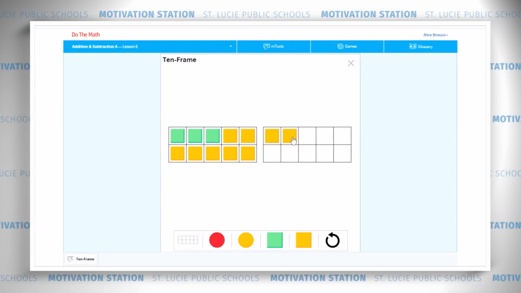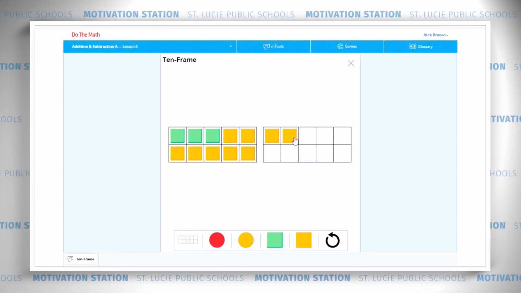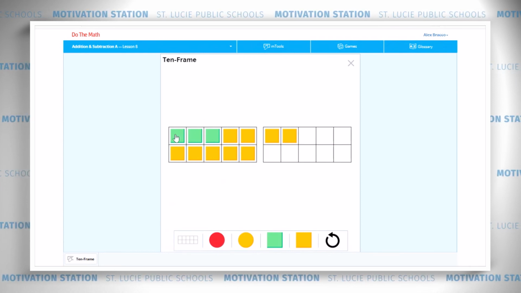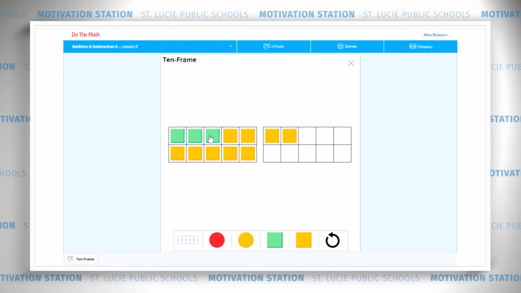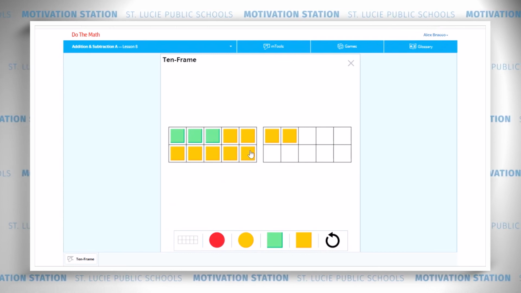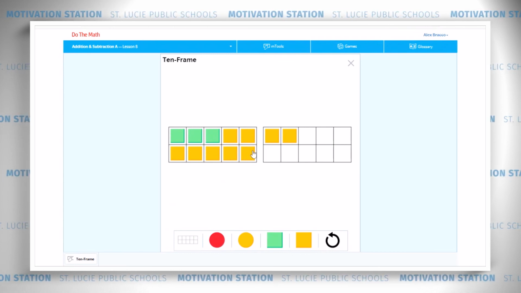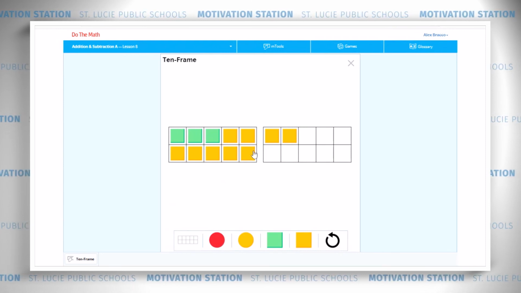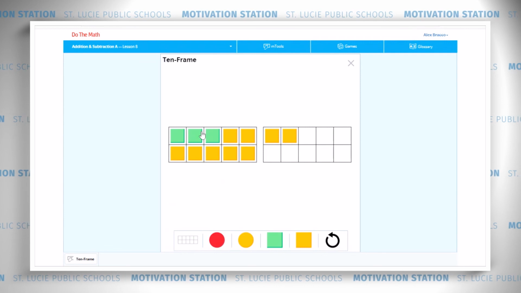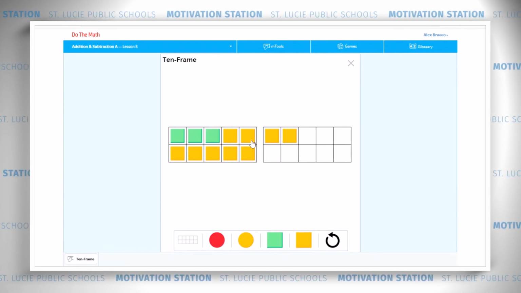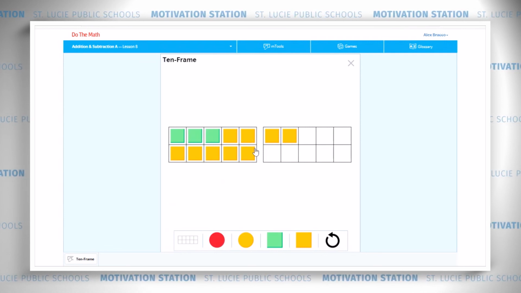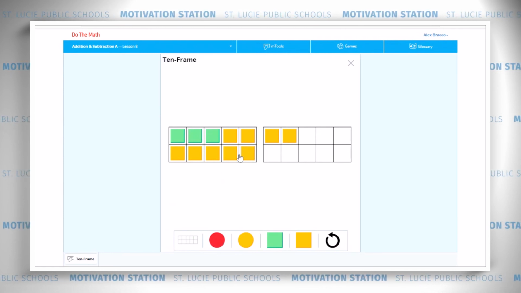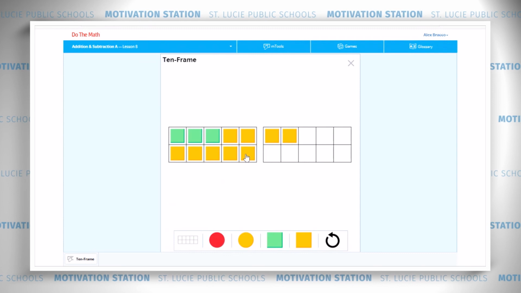How many friends are there in all? So on your 10 frames, you have placed 3 green tiles to represent your drummers, 9 yellow tiles to represent your 9 bears, and then in your workspace book, you've colored in 3 green tiles and 9 yellow tiles so that your page looks just like your workspace here.